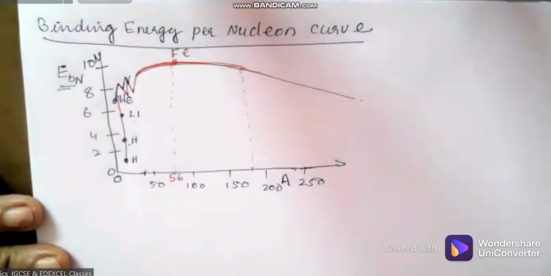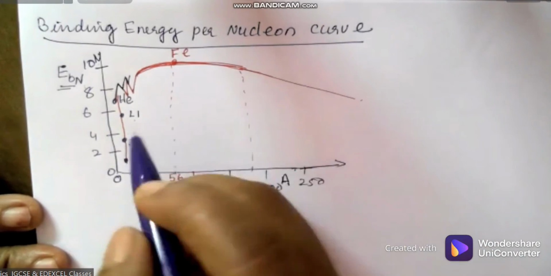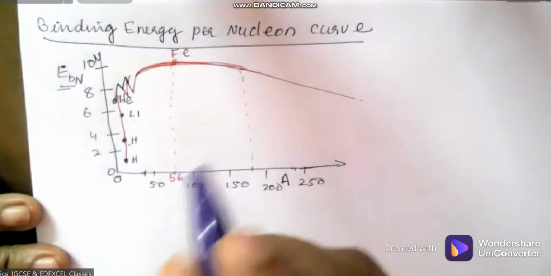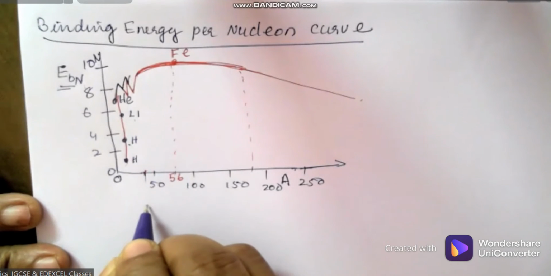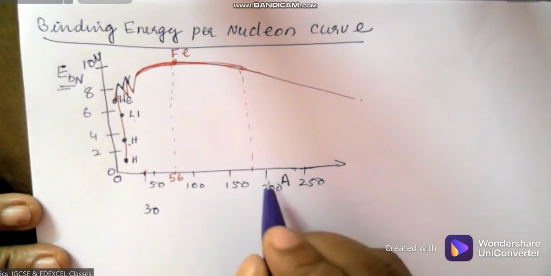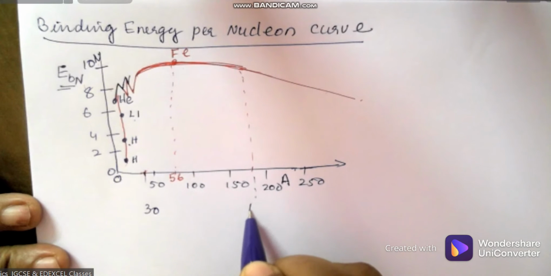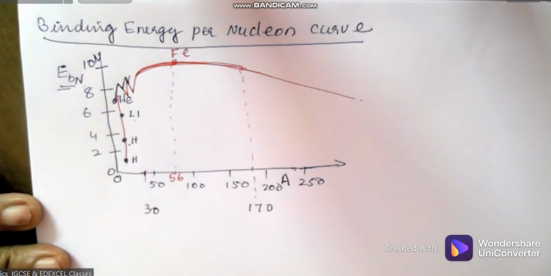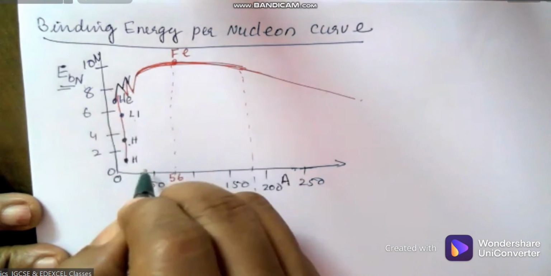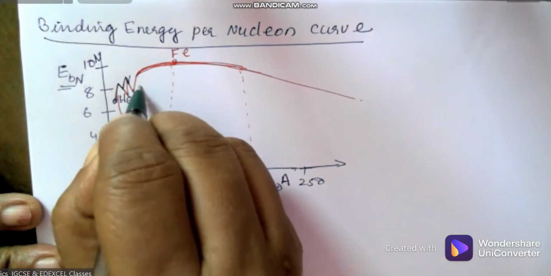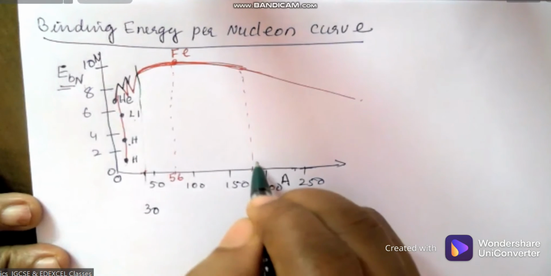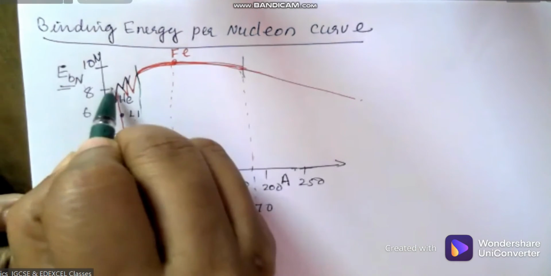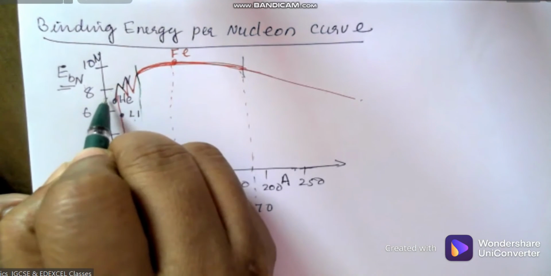Here, this is a very, very helpful graph. What does that tell you? Most of the elements between 30 and say 170, for them, what is the binding energy per nucleon is here till this much. And look at this.